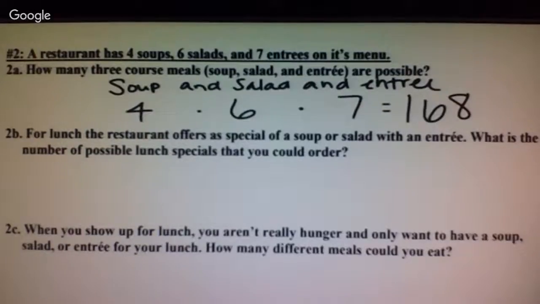Okay. Number 2B. We're not quite as hungry. So instead of having all 3, I'm going to pick either soup or salad, and then I'm going to pair that up with an entree. So we have to do soup or salad first. We add them because it's or. So soup 4, or salad 6. So I've got 10 options there.